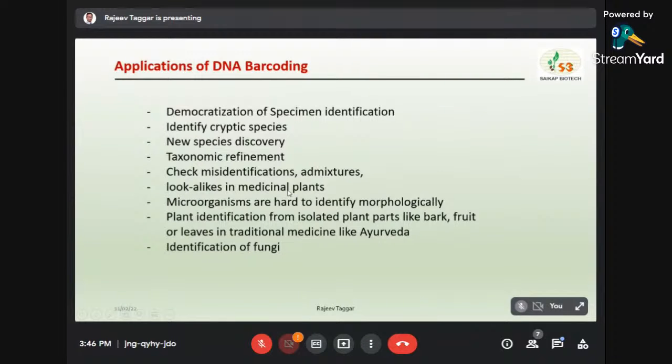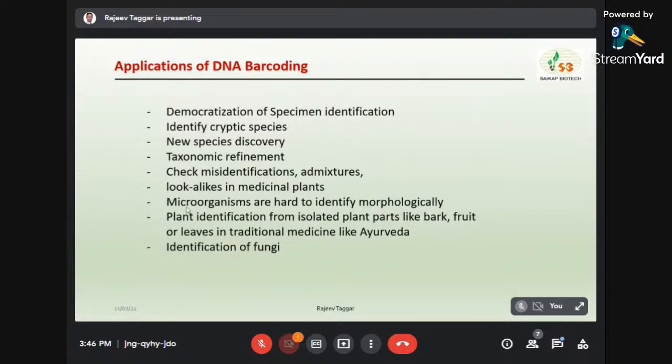Lookalikes in medicinal plants. Trust me, you go to the market, you buy Ayurvedic drugs, you get only 30% of the things which are what you really want. Since I'm a botanist also, in addition to being a biotechnologist, I keep discussing with a lot of roadside people who are selling Ayurvedic drugs in these small tents and everywhere.